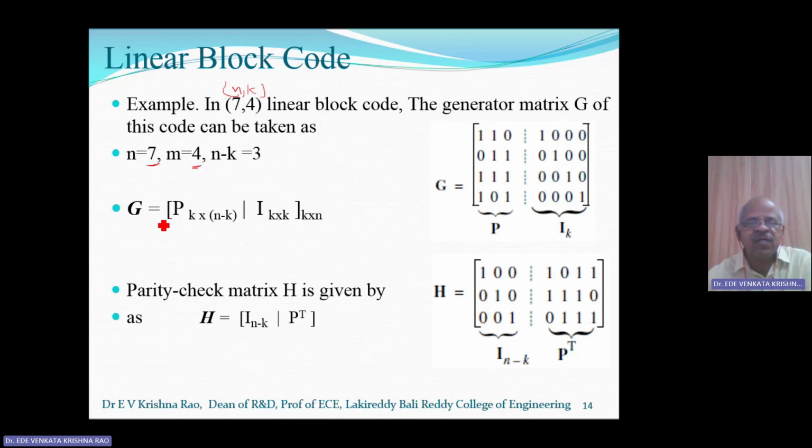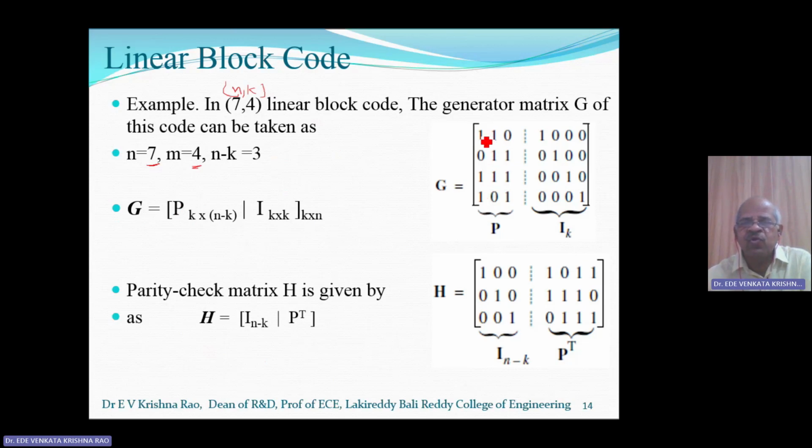As we know, the generator matrix is P and I, a k by n minus k matrix and a k by k matrix, making a k by n generator matrix. The parity coefficients P ij to generate the parity bits can be taken as 1 or 0 based on the linear sum of those message bits.